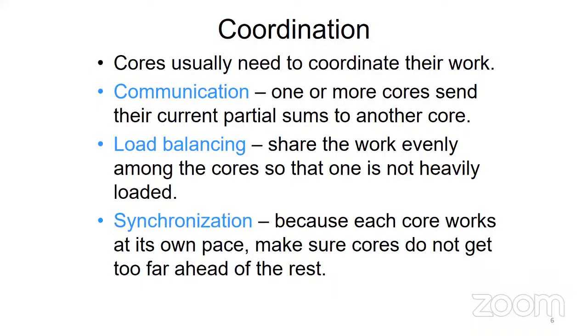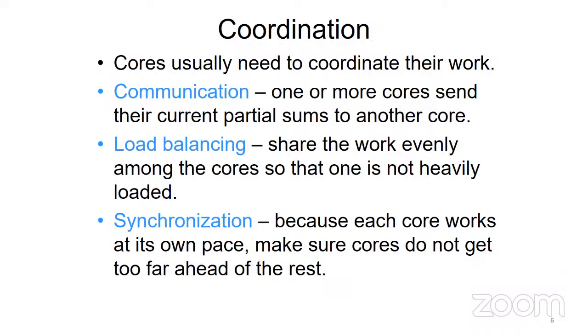Because each core works at its own pace, we must make sure that no core gets too far ahead of the rest. So in the case of synchronization, the multiple cores coordinate with each other to perform any action.